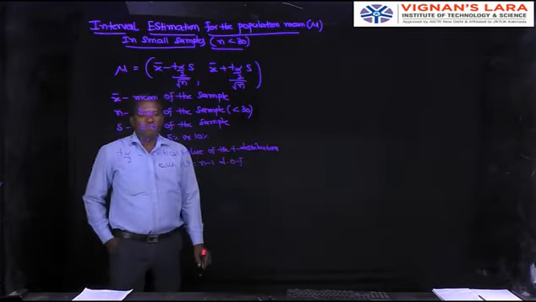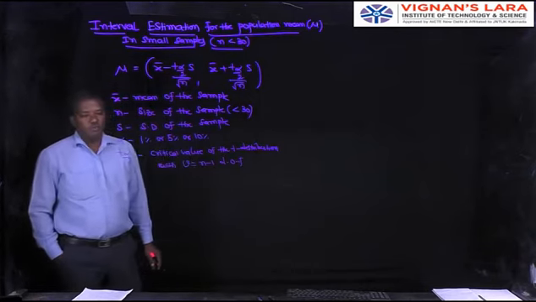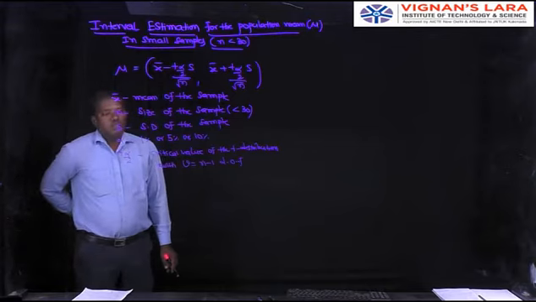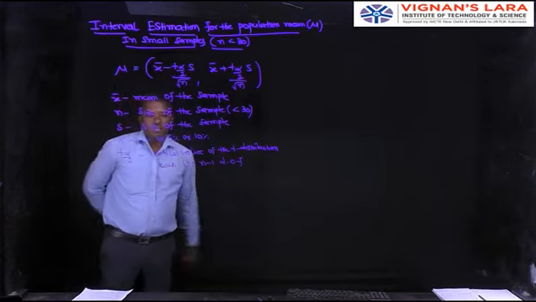First calculate alpha, either 1% or 5% or 10%, then divide by 2. Then find the critical value of the T distribution with n minus 1 degrees of freedom.